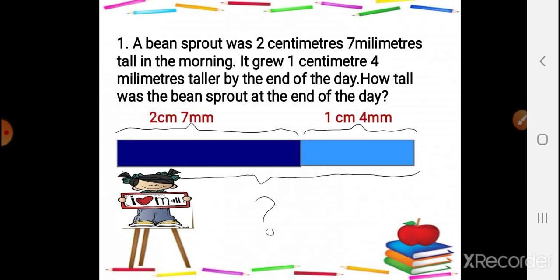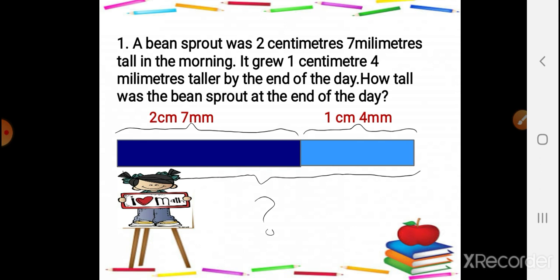The first word problem in our course book is: a bean sprout was 2 centimeters 7 millimeters tall in the morning. It grew 1 centimeter 4 millimeters taller by the end of the day. How tall was the bean sprout at the end of the day?